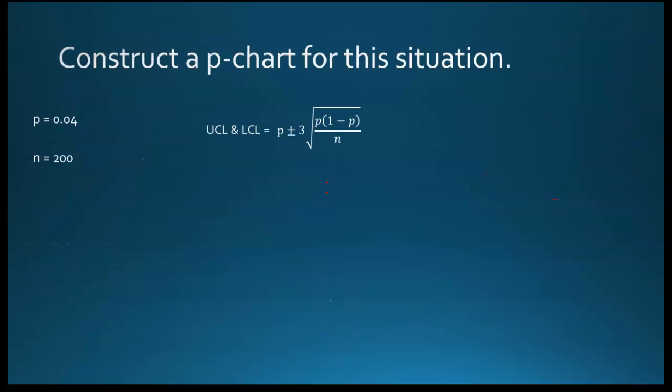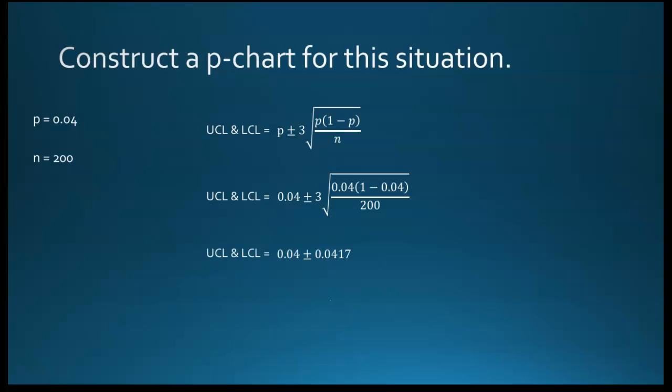So now we construct a P chart for this situation. So our P is still 0.04 and our N is still 200. Our formula looks a little different compared to our NP chart. So it's P plus and minus 3 times the square root of P times 1 minus P all over N. We plug in the numbers that we know.